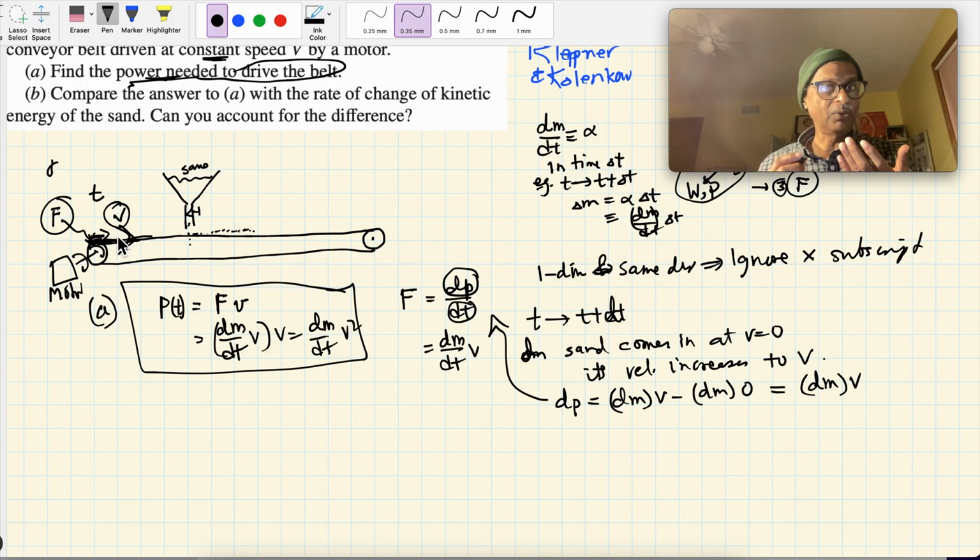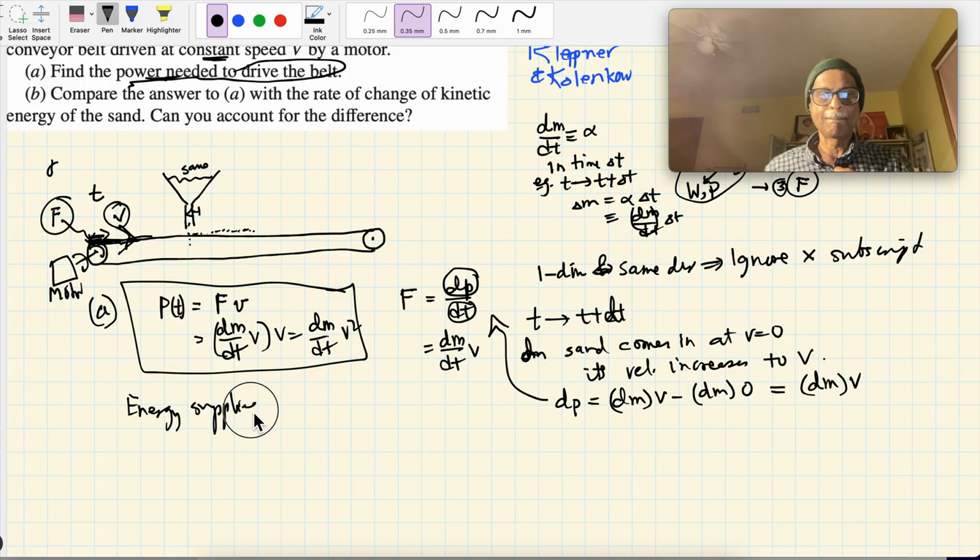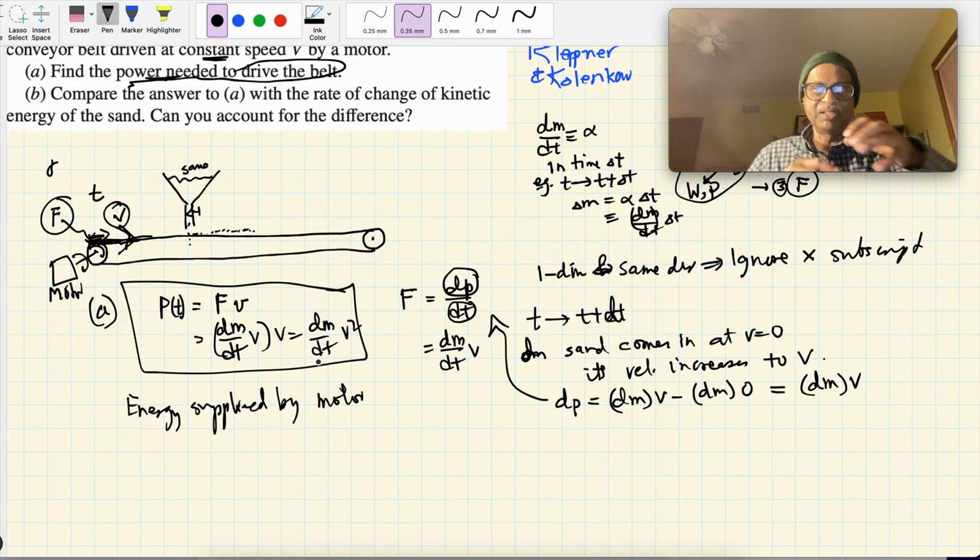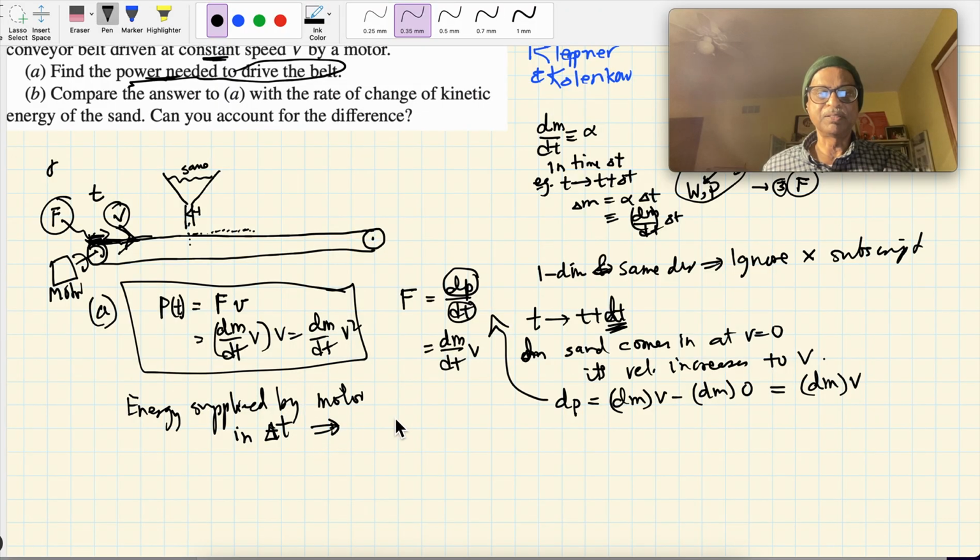Okay. Now, part B says compare this power. So if you want to say energy supplied by the motor, which is putting in this much power in delta t amount of time, will be just P times delta t.